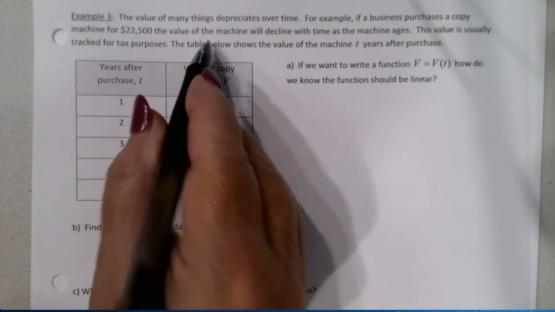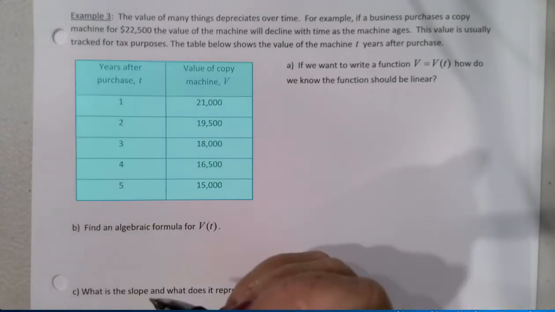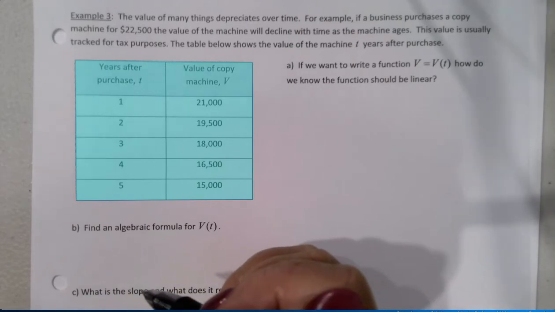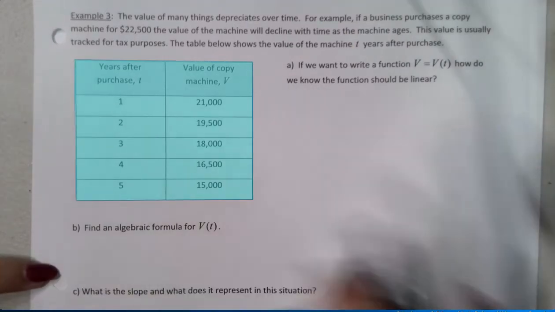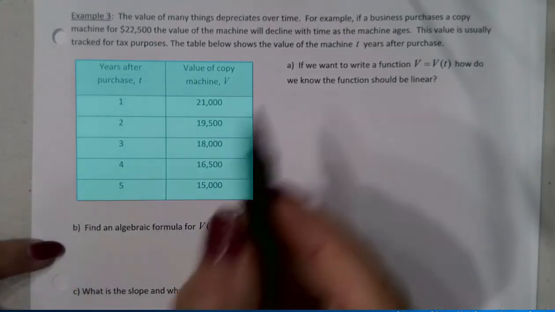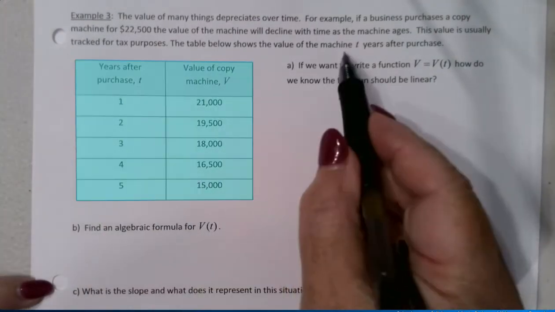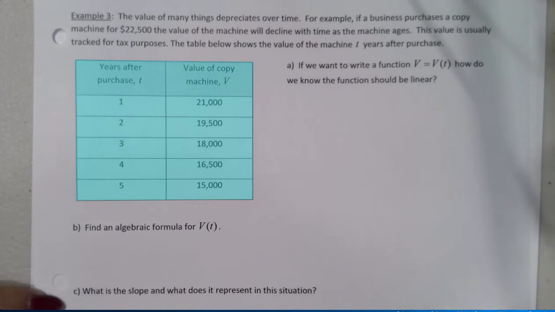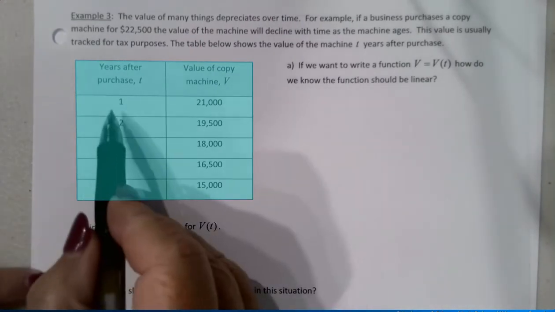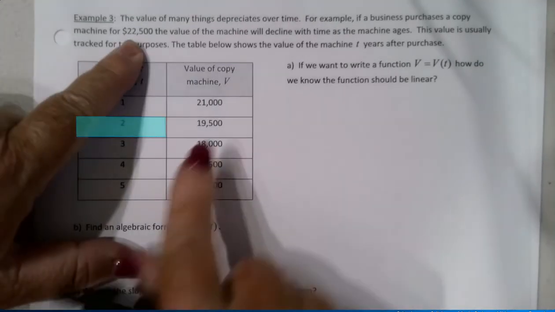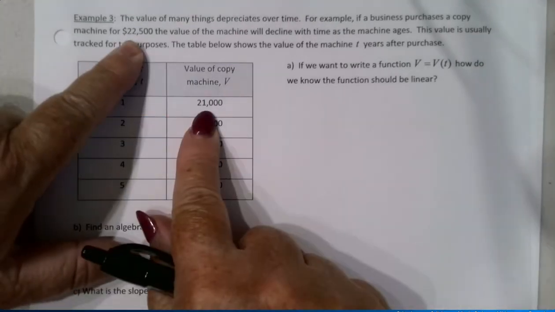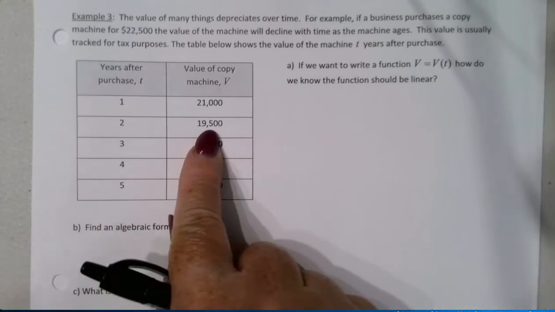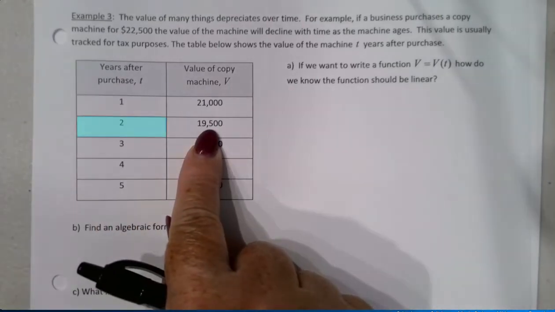The value of that machine will decline with time as the machine ages. Typically, companies in particular track that kind of thing because they can write it off on their taxes. This table is showing us the value of the machine t years after it was purchased. So after 1 year, it's gone from its original value down to $21,000. And after 2 years, it's at $19,500, and so on.